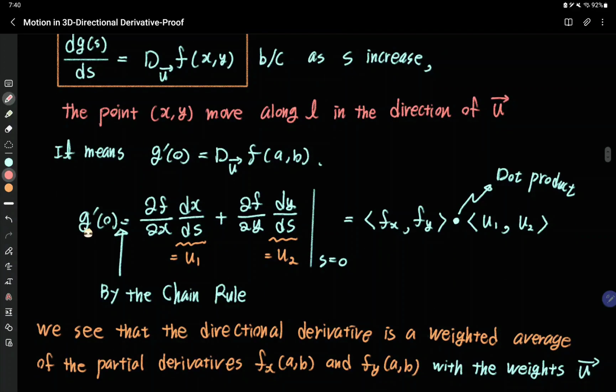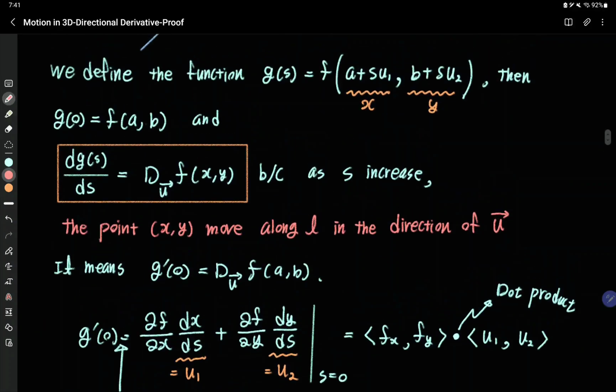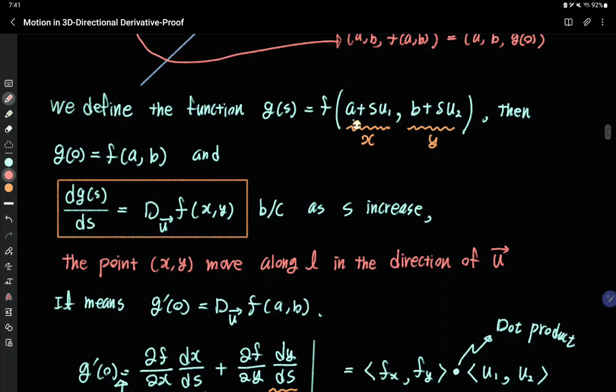Then g'(0) is going to be the partial derivative of f with respect to x, which is the derivative of the outer function, times dx/ds, the inner function, plus the partial derivative of the outer function with respect to y times dy/ds. But dx/ds, the derivative of x with respect to s, is u1, and the derivative of y with respect to s is u2, because x equals a + s·u1, so the derivative with respect to s is just u1, the coefficient of s.